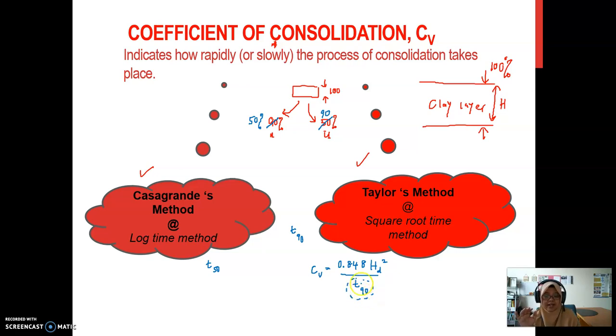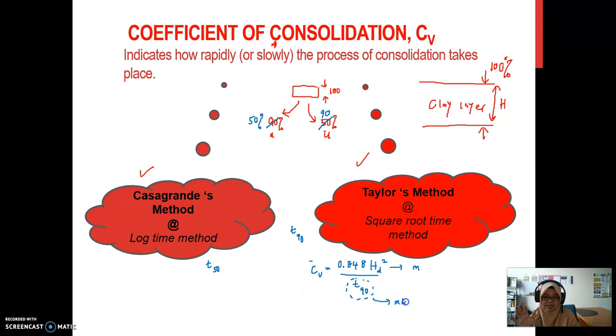Whatever value you got here, and knowing the unit of the drainage, if it is in meters, you can finalize the answer C sub V later in meters per minute.